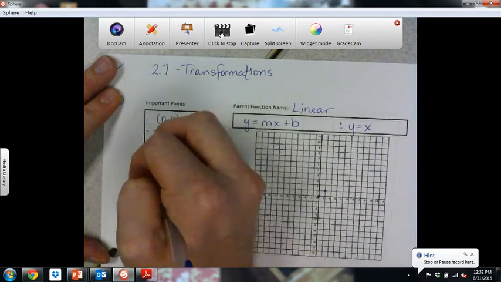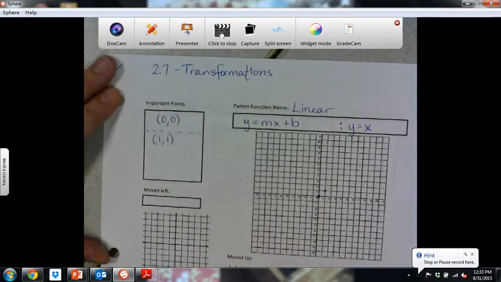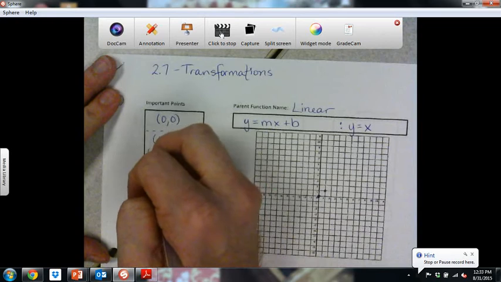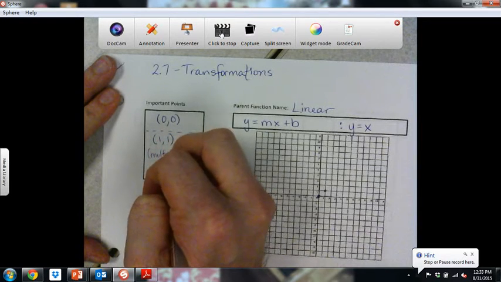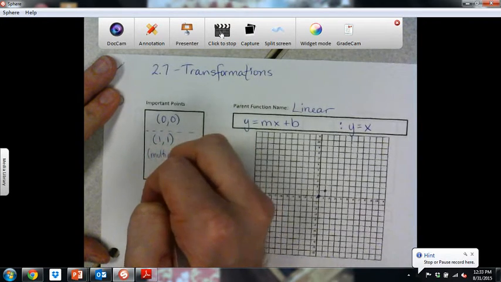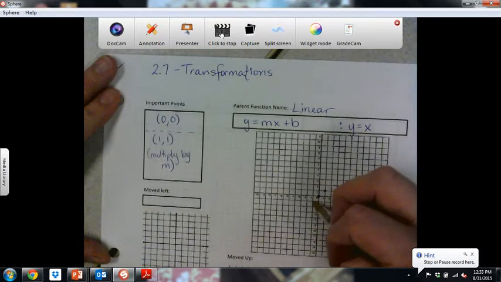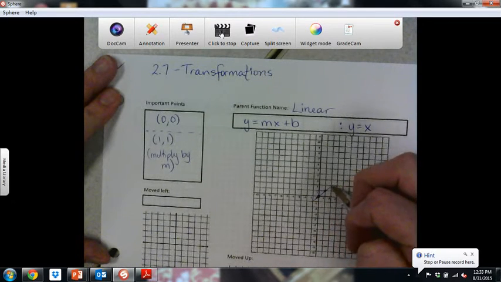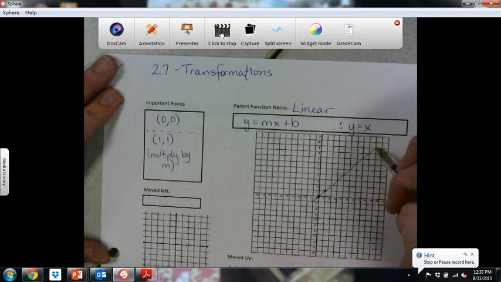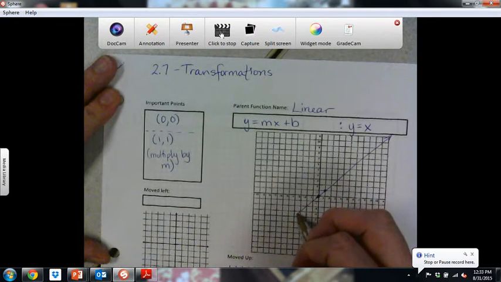So another important point is 1, 1, and then it would go up or down based off of the slope. So you multiply by m. And so in this case, our most basic linear function here is this line here.